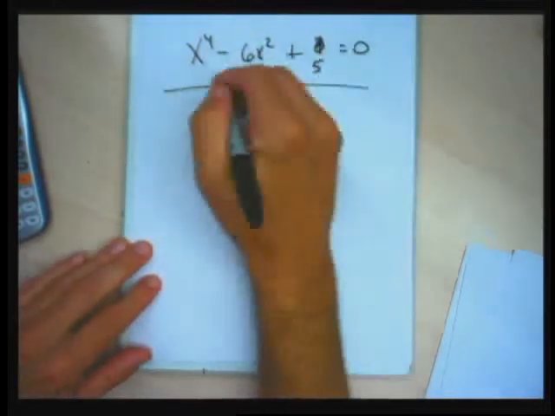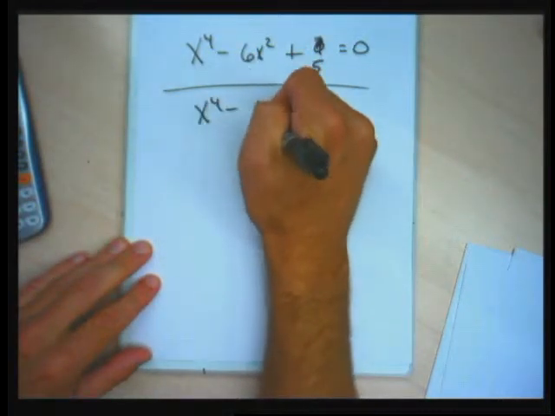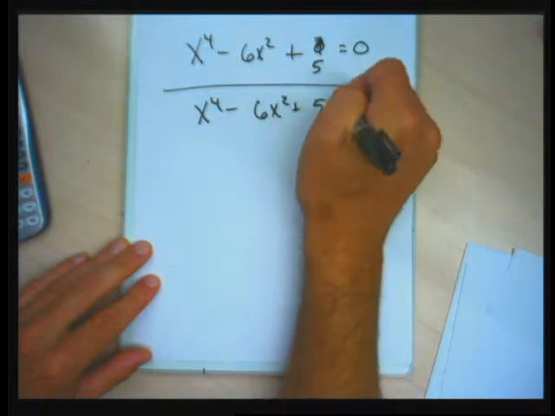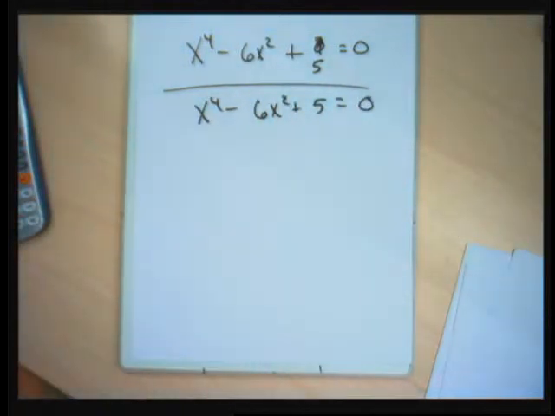All right, this will work. x to the 4th minus 6x squared plus 5 equals 0. Sorry, that last problem was silly. Hopefully you remembered that I just did that problem and I'd already forgotten.